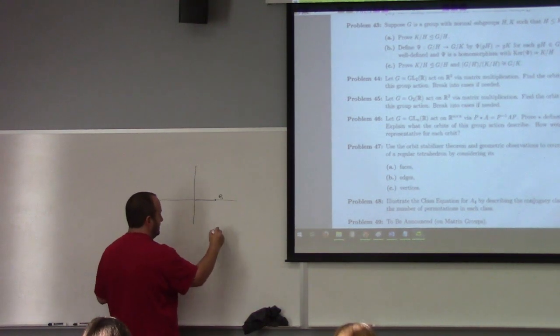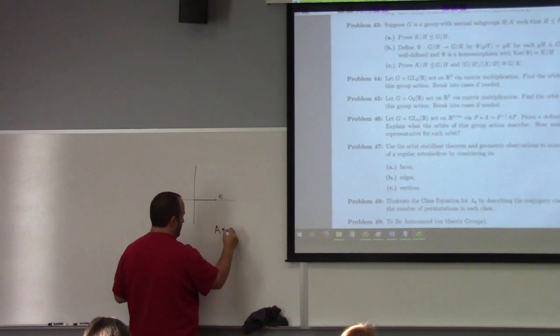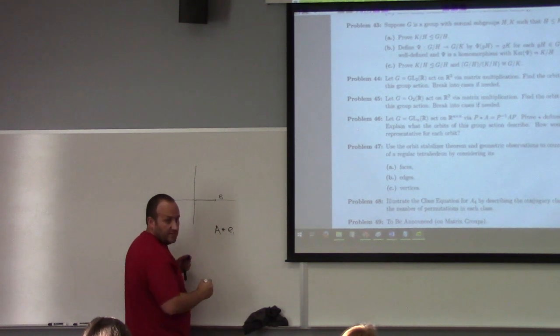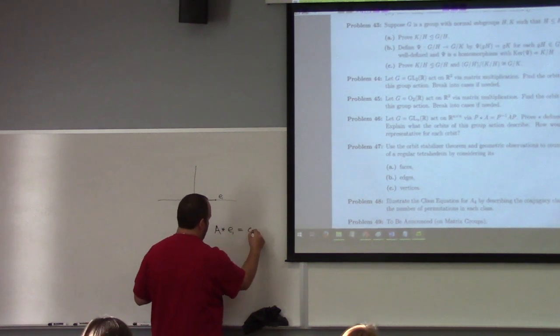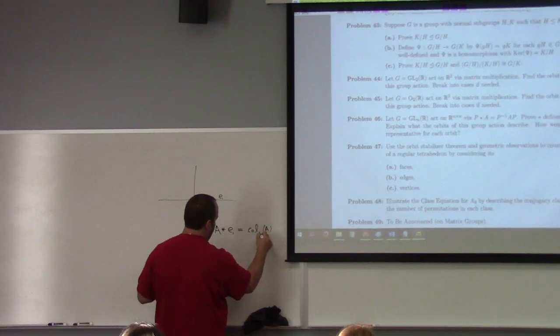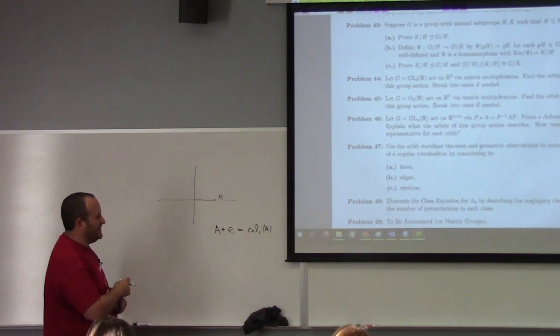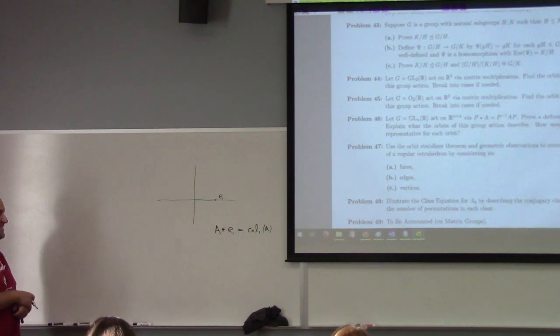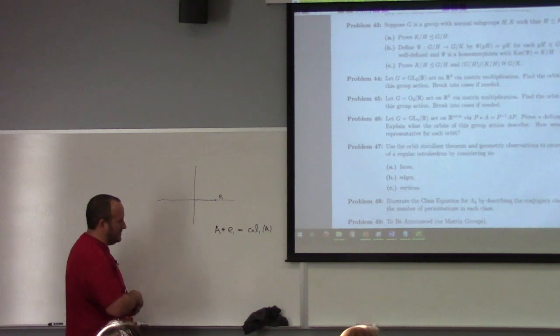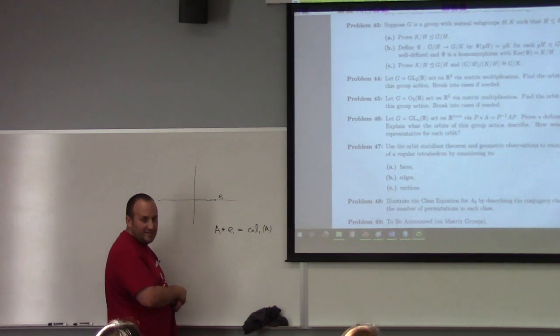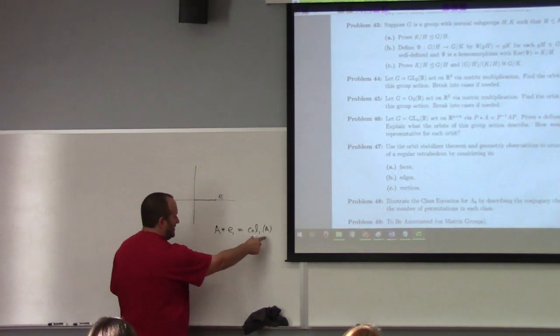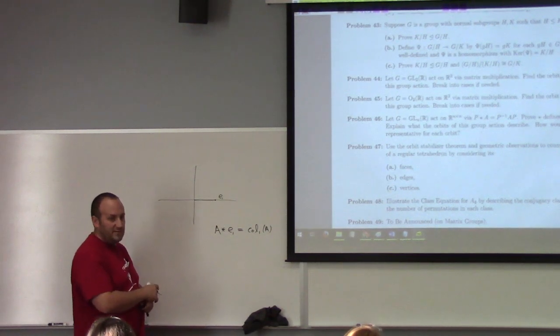If I take A times E1, that would give me column 1 of A. So if you think about the orbit of E1 under arbitrary invertible matrices A, you should be able to convince yourself intuitively that the orbit is everything non-zero, because you can make column 1 of A whatever you want, right?